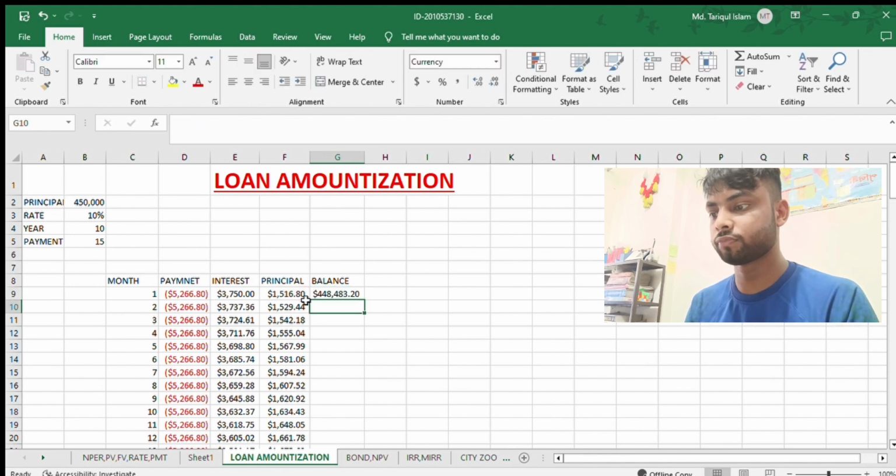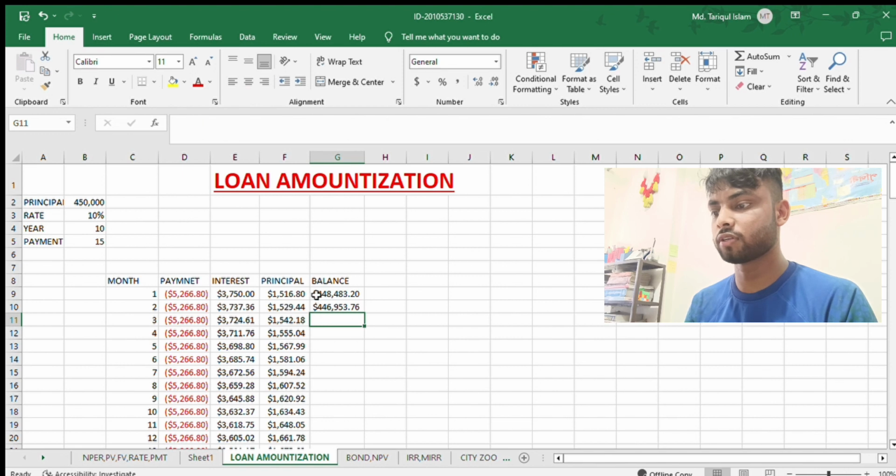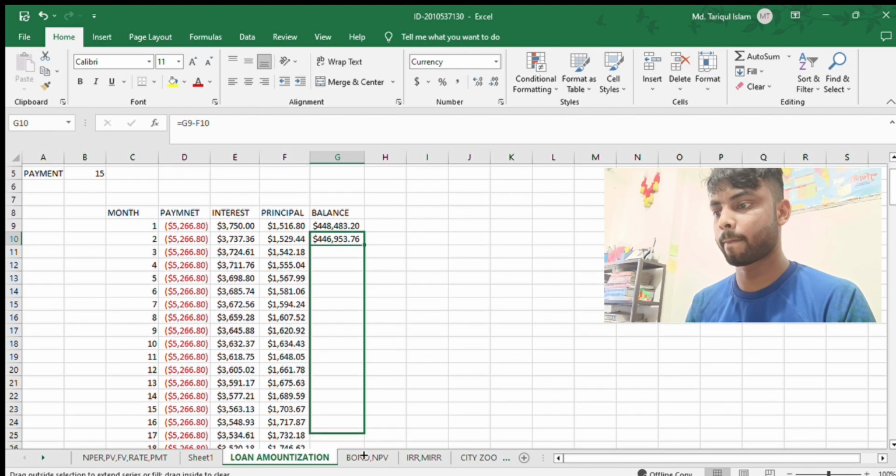Then equal balance minus. Okay. Insert and select it.